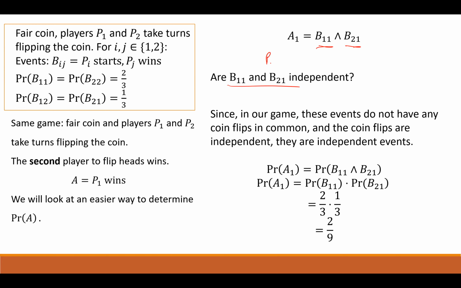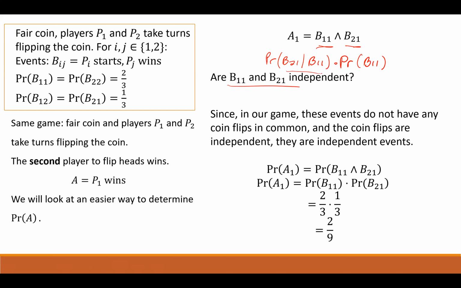You should be using the law of total probability, which states something along the lines of probability of B21 given that B11 happened times the probability of B11. This is the way you should do it, and this is the law of total probability, which we didn't really cover. I might cover that at some point.